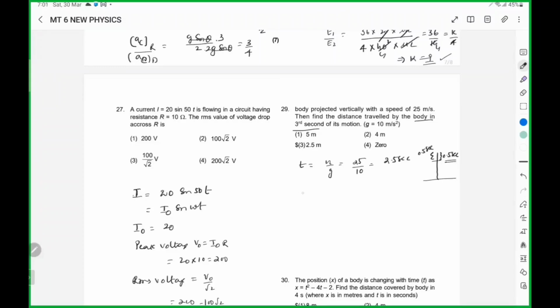So distance traveled in downward journey is half g t square. Time is 0.5, that is half whole square, 5 by 4, 1.25 meters.